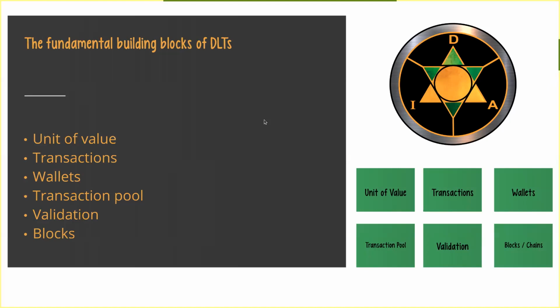And as I make those transactions with my peers in my community, those transactions are first gathered somewhere, and that's called a transaction pool. Now we need to agree on how we identify which transactions are valid.